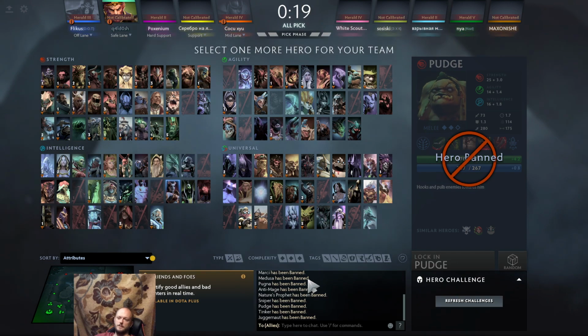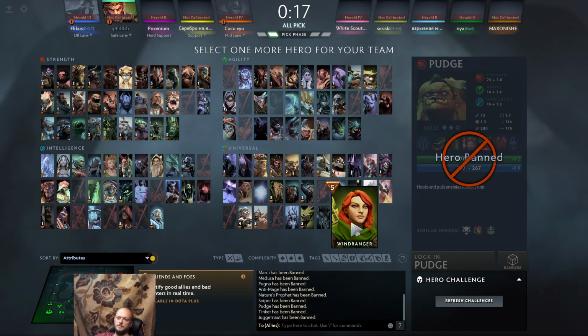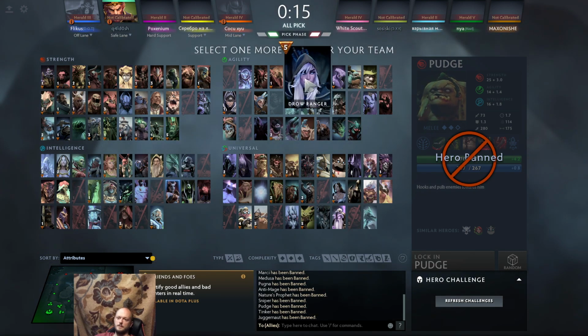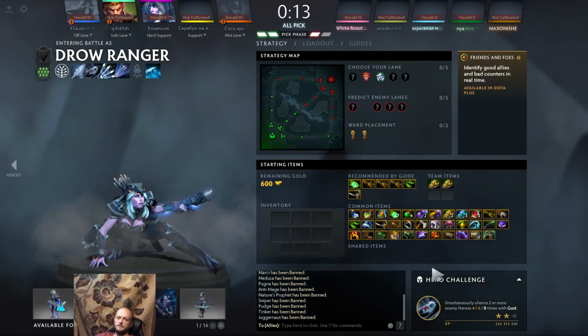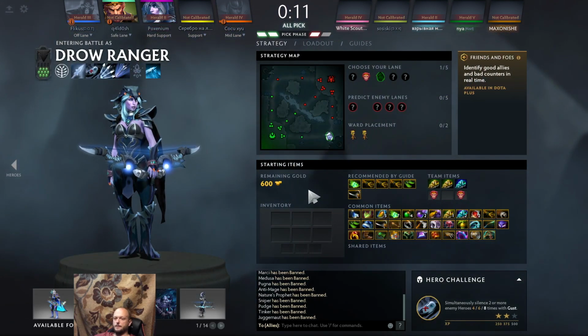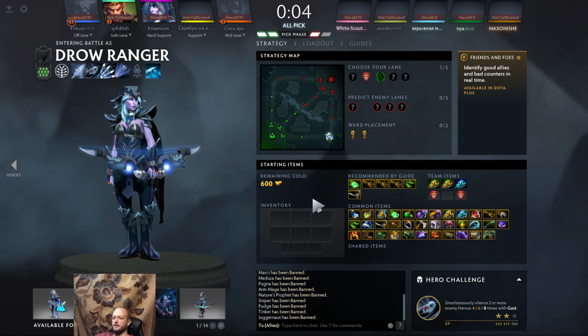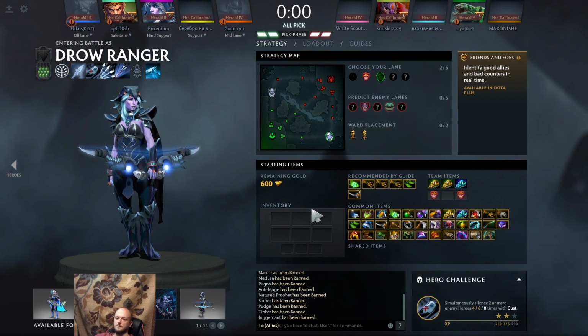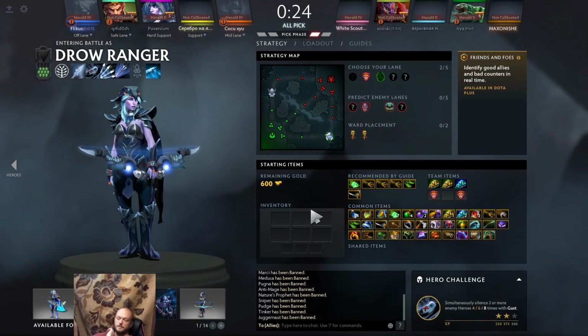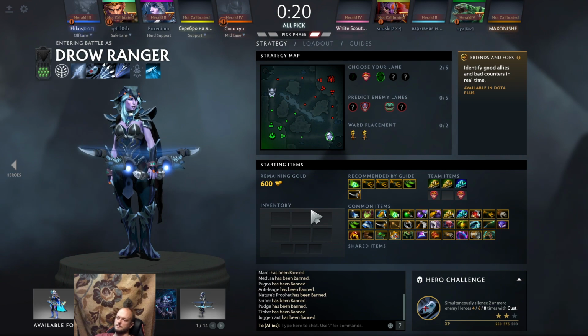Yeah, something ranged. They block this one, block that one, so draw ranger. I always pick ranged. Yeah, well, since they nerfed Techies, they ruined that hero. My favorite abilities are gone.